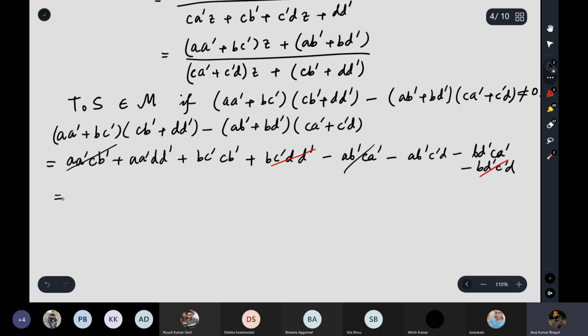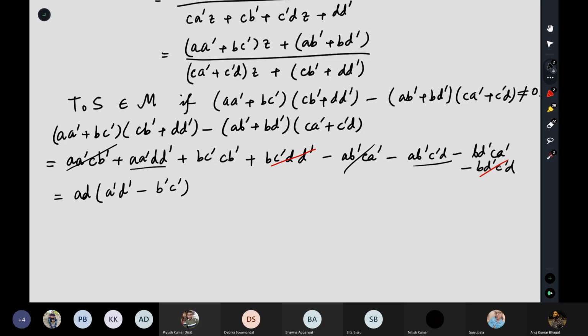So what am I remaining with? From this and from this, you take AD common. If I take AD common from the first term and this term, I'll remain with A'D' minus B'C'.